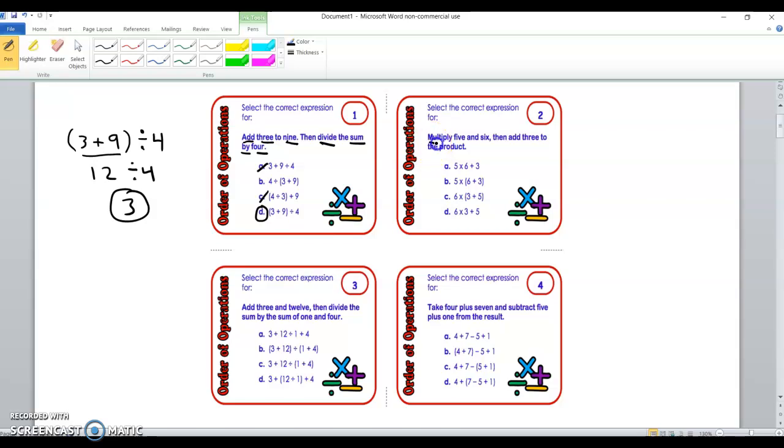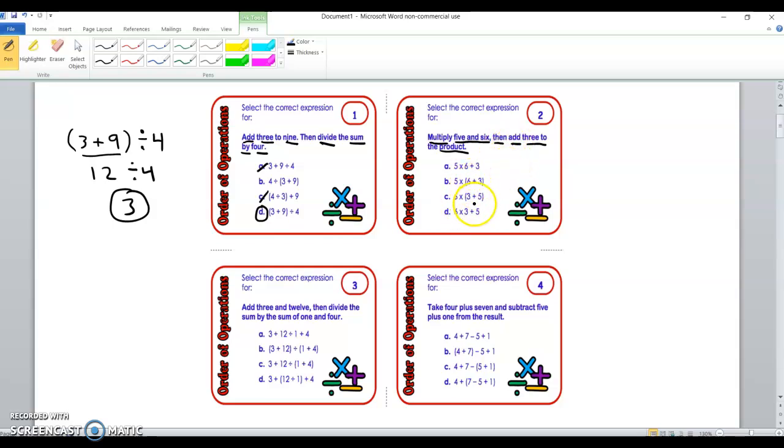So here we got multiply 5 and 6, then add 3 to the product. So we're going to multiply first, then add. If we're multiplying then adding, we don't really need parentheses because order of operations always has multiplication before addition.